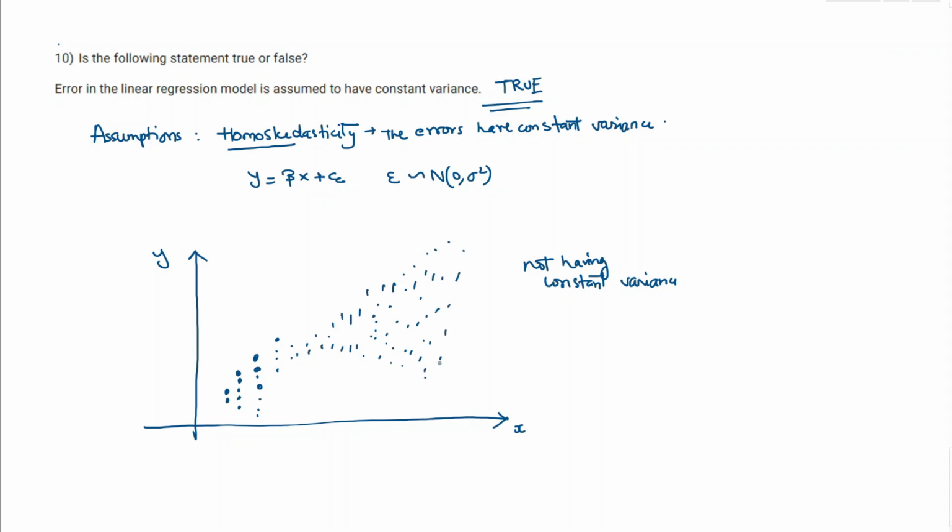So what is happening essentially is that at each point of x, the variability of the points corresponding to that x is not really constant. At some point it's smaller and at some point it's larger. And this is a very naive pictorial representation of how non-homoscedastic or heteroscedastic data will look like, okay?